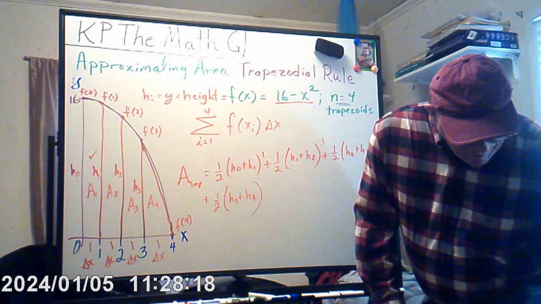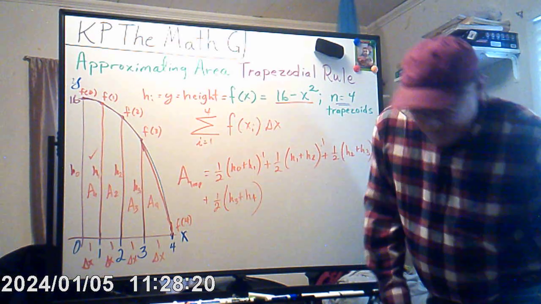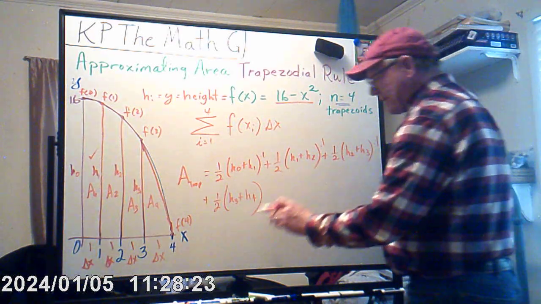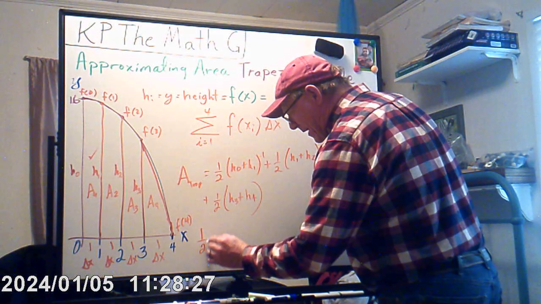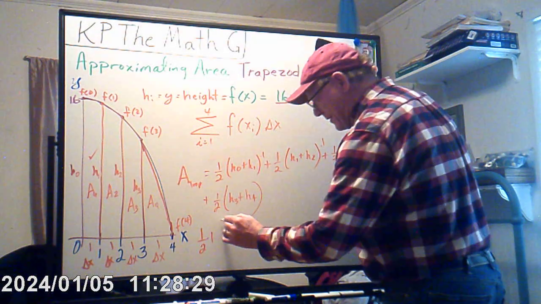Alright, so I'm going to take out the 1/2 delta x. If I do that, it's going to be 1/2 and then times 1, really. Delta x is 1.